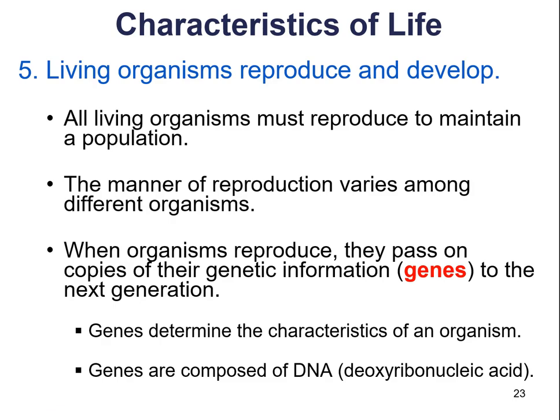Obviously, there are different types of reproduction. And again, we talk about different types of reproduction more in Fundamentals of Biology 2, right? Or bio113 when we start to talk about different species. It says here, when organisms reproduce, they pass on copies of their genetic information, right? Or genes, to the next generation.